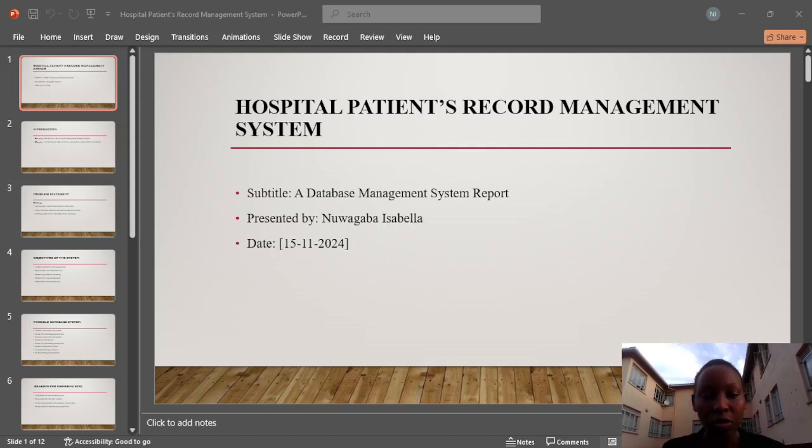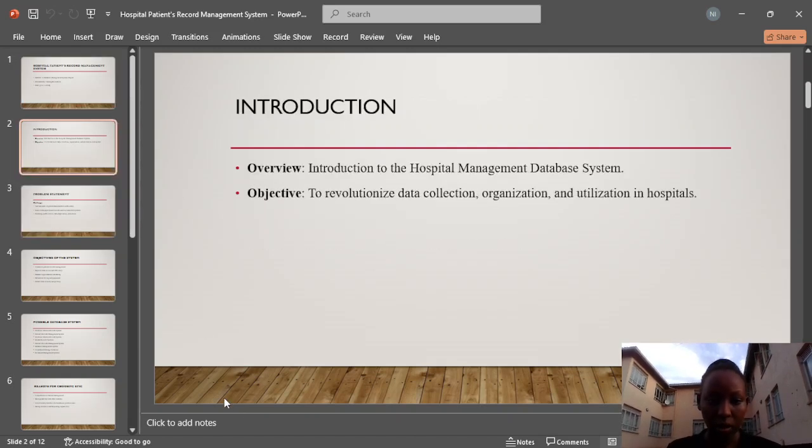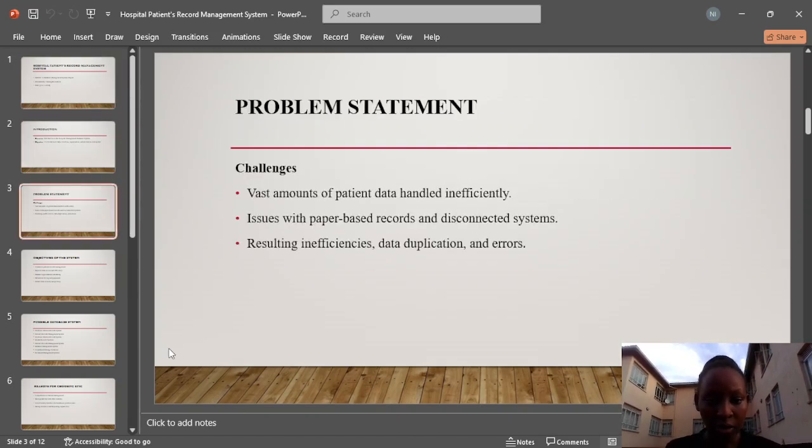So I'm here to present my hospital patients records management system. As you know, the problem statement is what I was trying to solve.